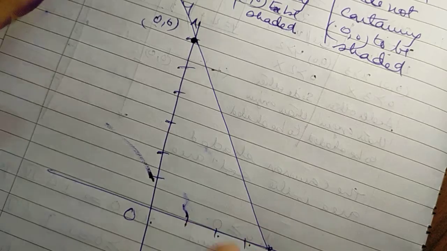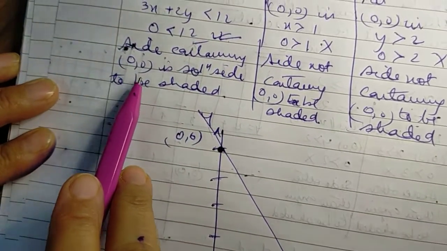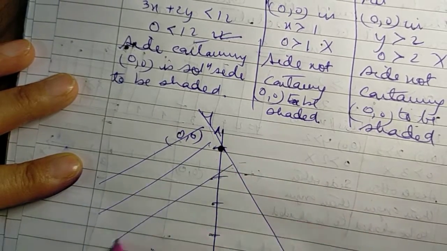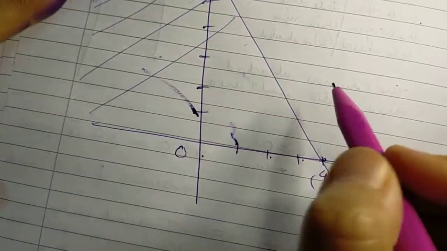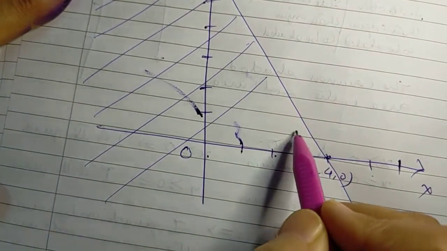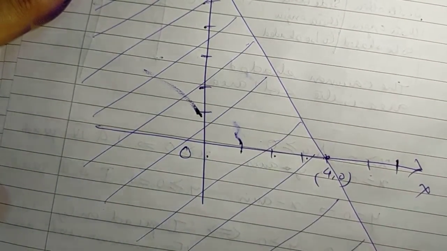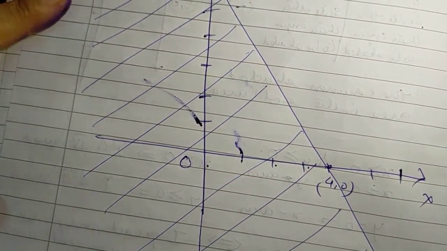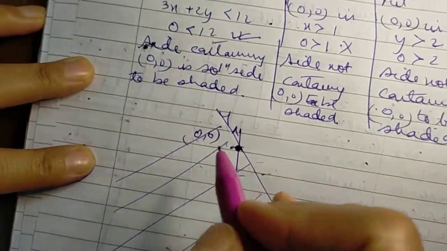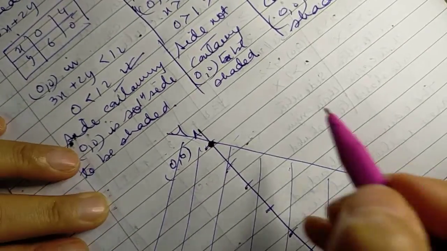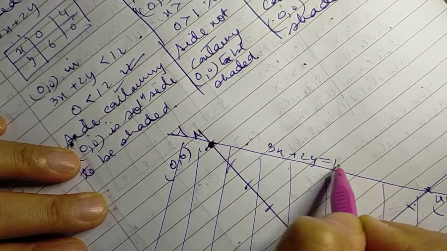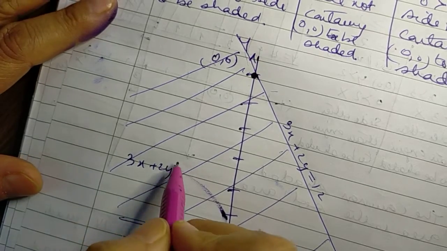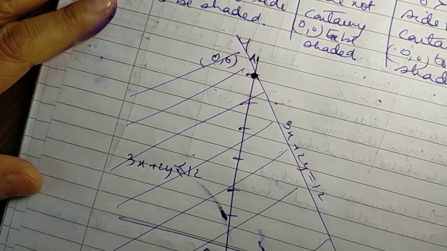So it divides the plane into two portions. And we have discussed that the side containing the origin is the solution area. So we just shade the entire area towards the origin. Now here you have to be careful that we have to include all the quadrants while shading. Okay, so this is the line 3x plus 2y equal to 12, and this side is 3x plus 2y less than or equal to 12.